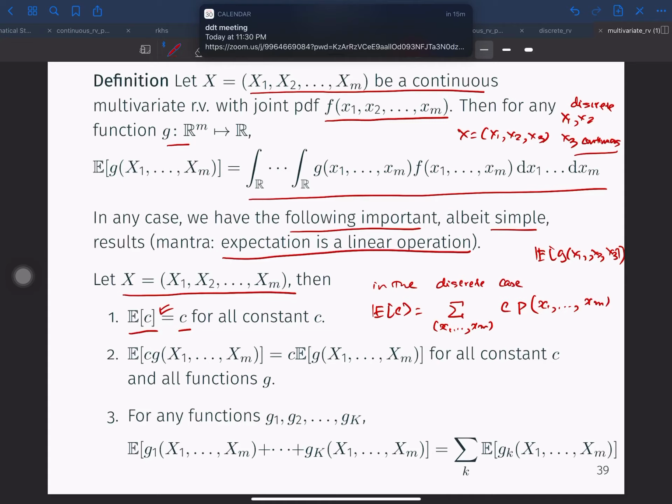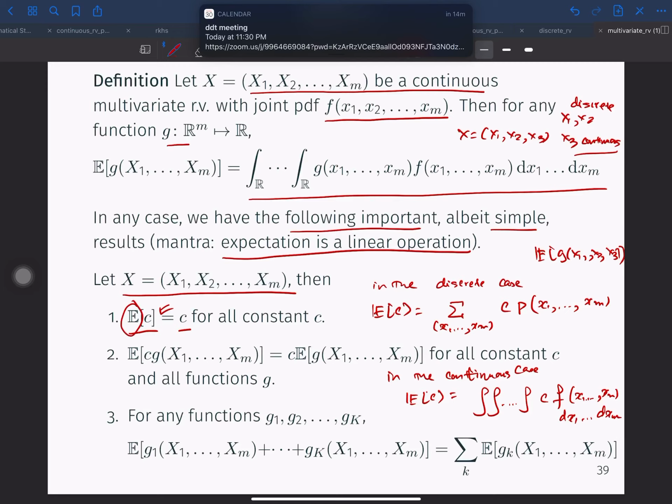For example, in the continuous case, you would say the expected value of c will be written as the integration of c times the joint PDF. And so that is what we meant by this expected value.